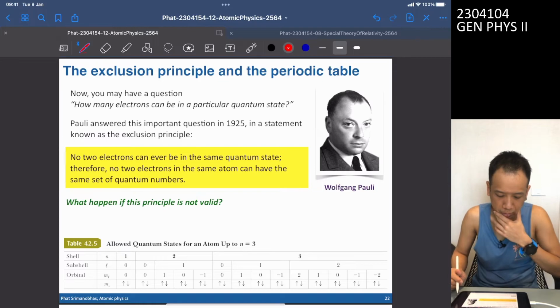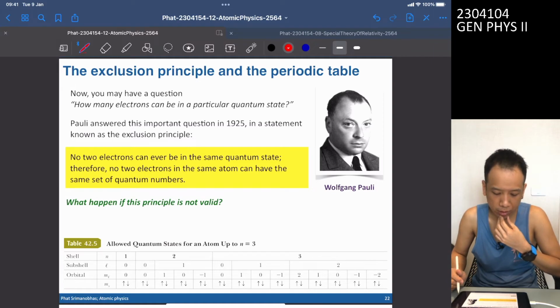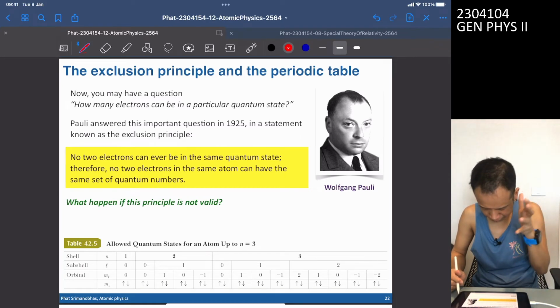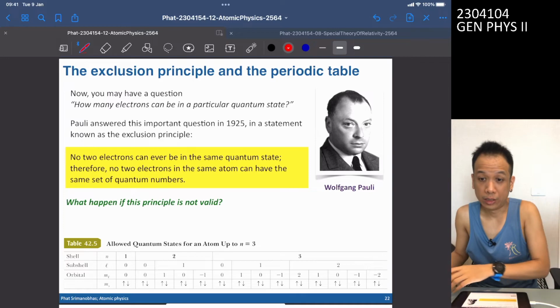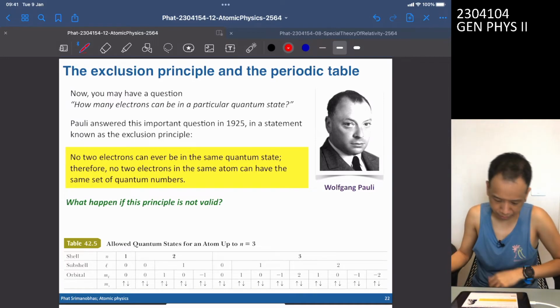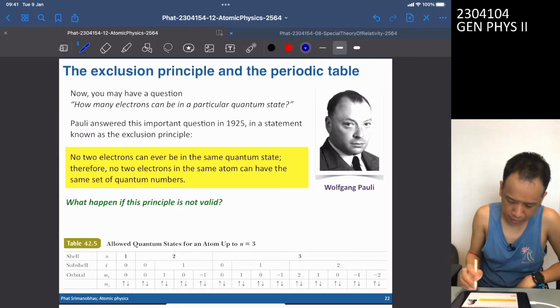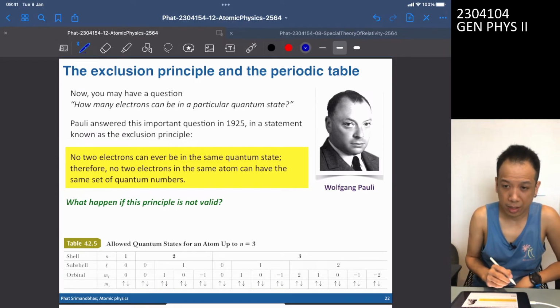So in 1925, Pauli answered these questions. This is called the Pauli exclusion principle. He said that no two electrons can ever be in the same quantum state. Or in a more general way, in atoms, you cannot have electrons with the same set of quantum numbers. So each electron needs to have different quantum numbers. And I already mentioned why this principle is great.